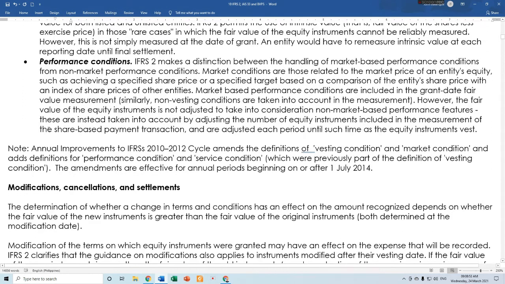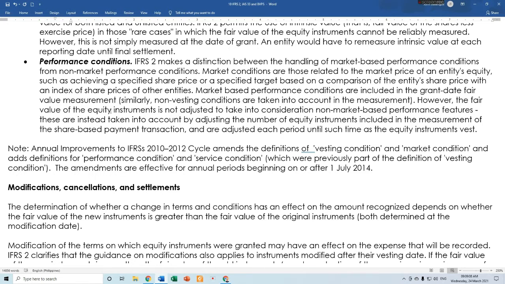So, next punta tayo sa performance condition. IFRS 2 makes a distinction between the handling of market-based performance conditions and non-market-based performance conditions. Okay?